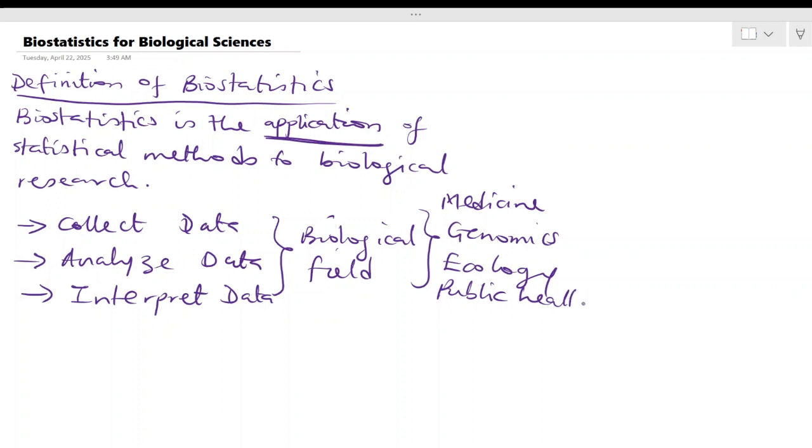These are different biological fields from which data can be collected, analyzed, and interpreted. This is basically what biostatistics enables us to do.